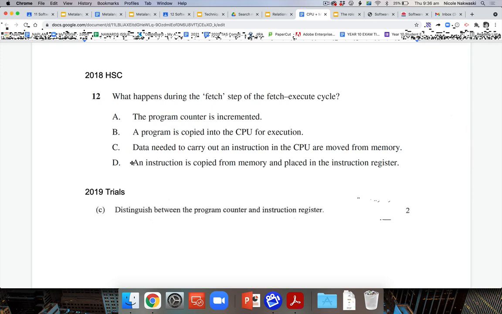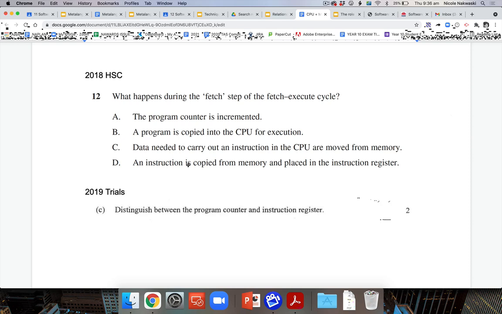The only other one it could be is an instruction is copied from memory and placed into the instruction register. Now, I'm a little bit confused because the program counter is incremented, but I did think something happened about the instruction register. Unfortunately, the answer's A, and I'll tell you why, but this is a really tricky one. The instruction isn't copied from memory and placed into the instruction register.